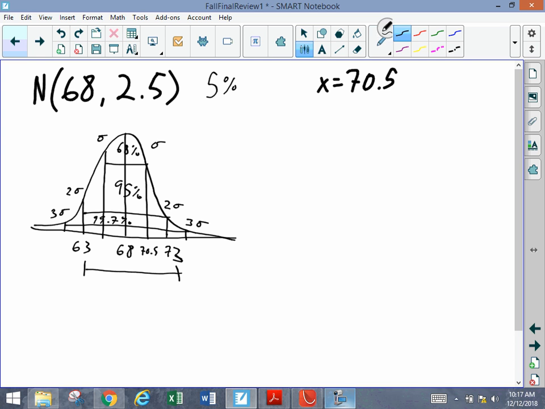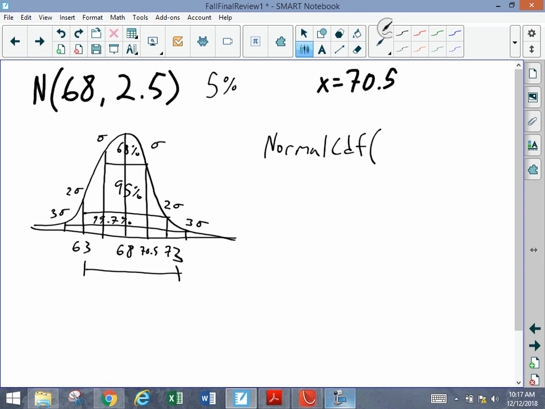So we could do this a couple different ways. We could use this empirical rule and do some subtraction and stuff like that, right? Or I think the quickest way to do it would be to just find out. If you're on a multiple choice, you don't have to do a lot of extra work. All you got to do is go to your calculator and go normal CDF.